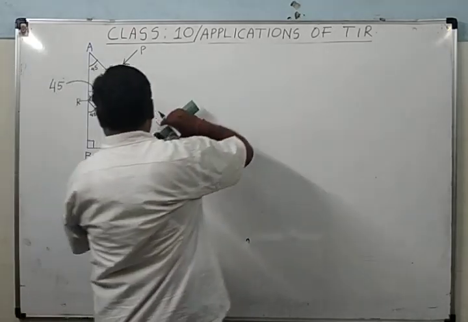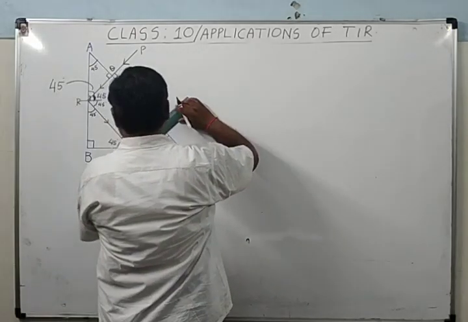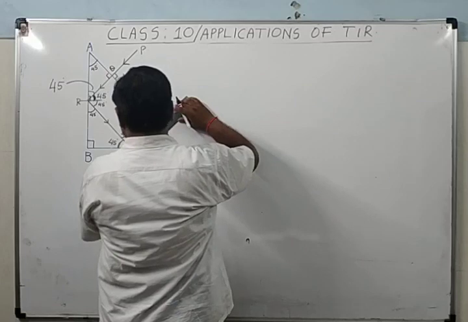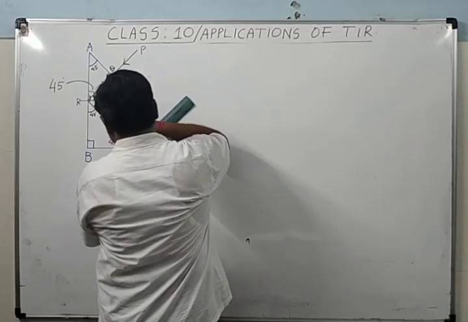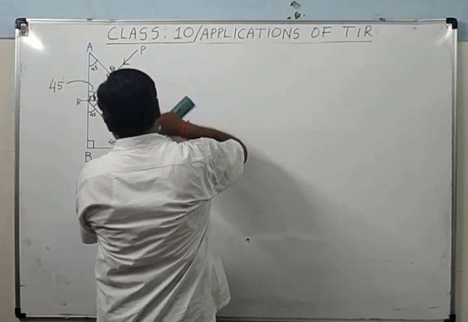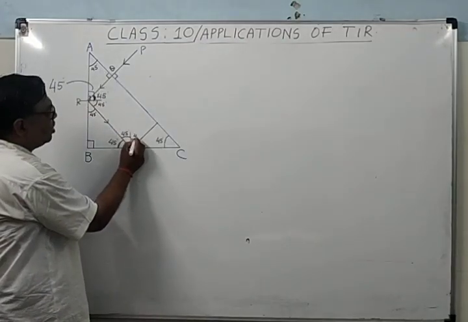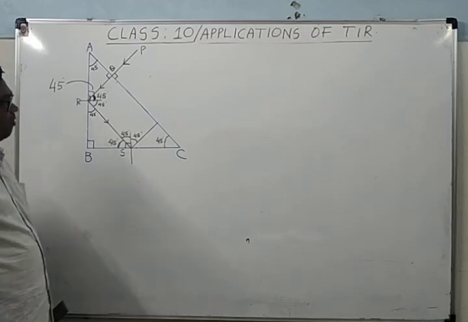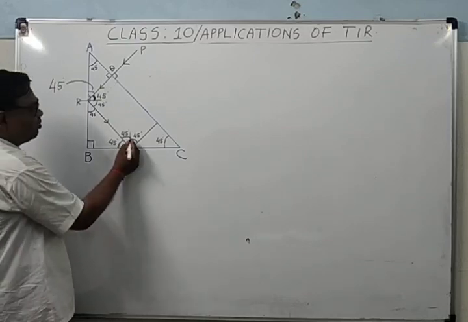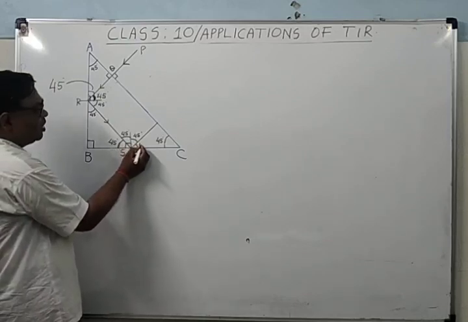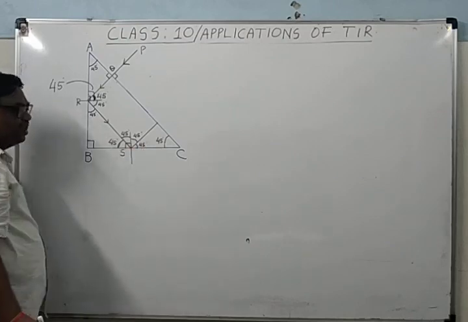So now the reflected ray will go making what angle from the normal? Reflected ray will go making 45 degree angle from the normal. This is 45 degree, so here it is 45 degree. It's clear?